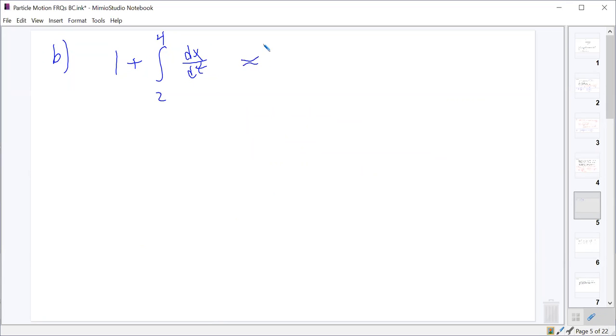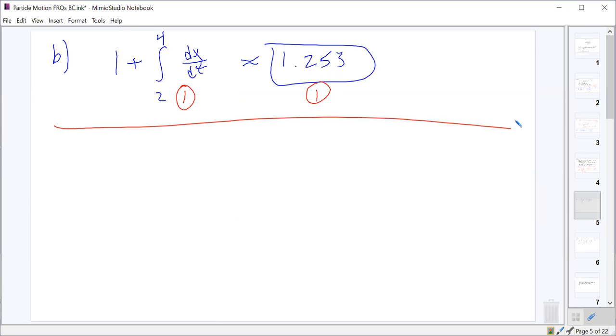And we end up getting some value there. What would that value come out to be? 1.253. And that was 2 points, 1 for the right setup with the integral and 1 for the value. Any questions there on part B?